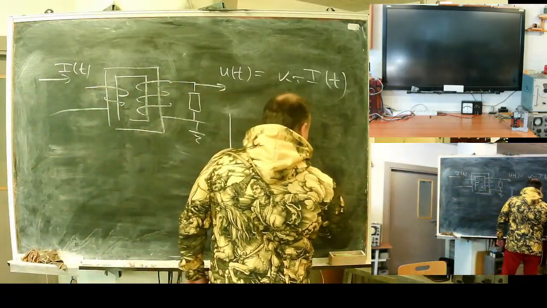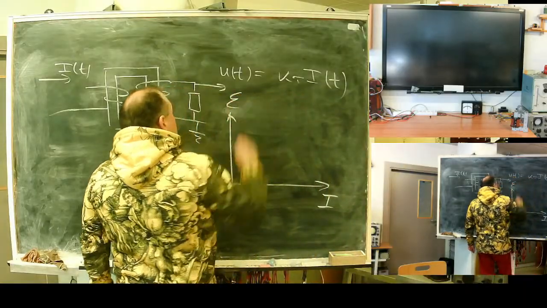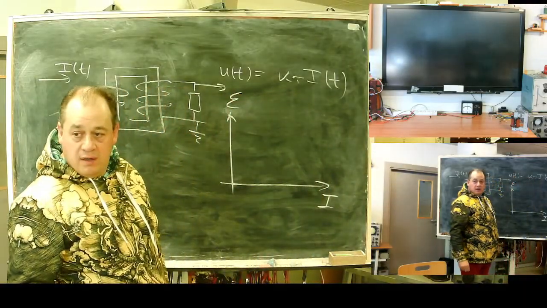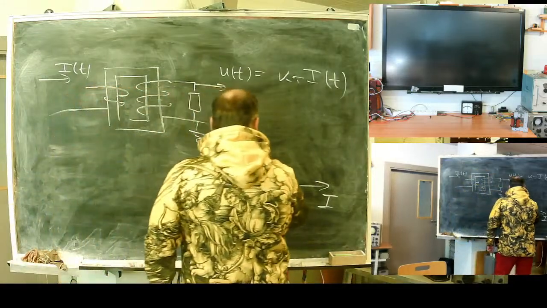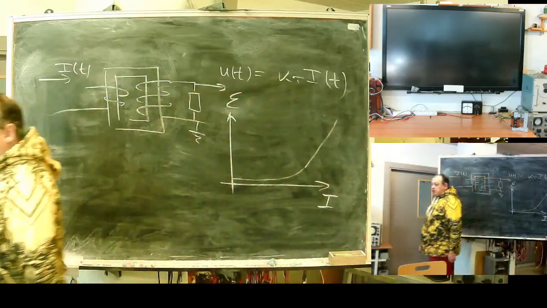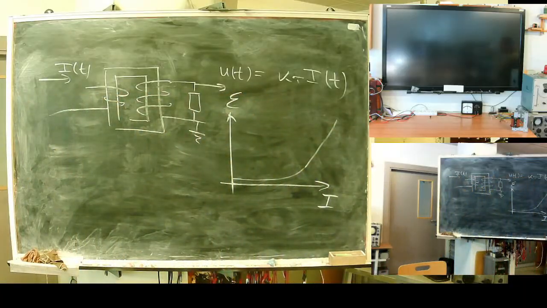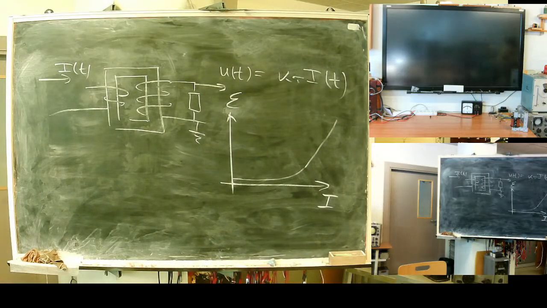Actually, if we look at the transformer error, the system error as a function of current, it will be something like this, because of non-linearity of the steel core.